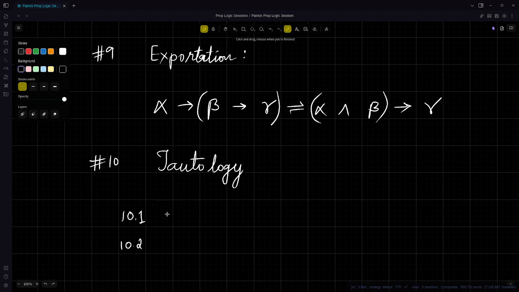So our tautology here is alpha is the same as alpha and alpha, and the other is alpha is the same as alpha or alpha.